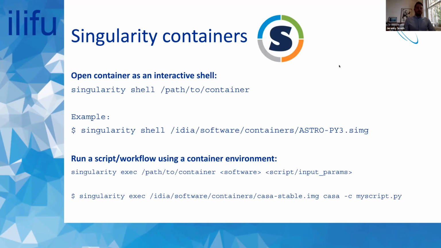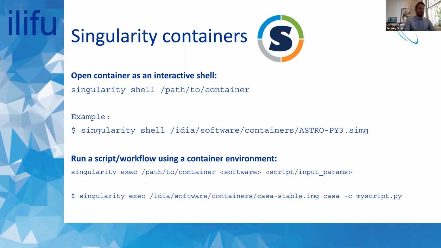In terms of using containers, it's a pretty simple process. You can interact with the container in a number of different ways, one of which is interactively. You can shell into the container, interacting with it through a command line interface. To do this, you would run the command singularity shell and then the path to the container.